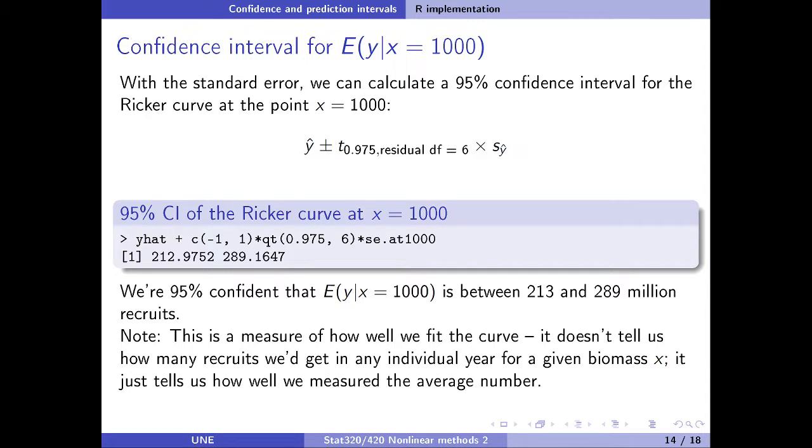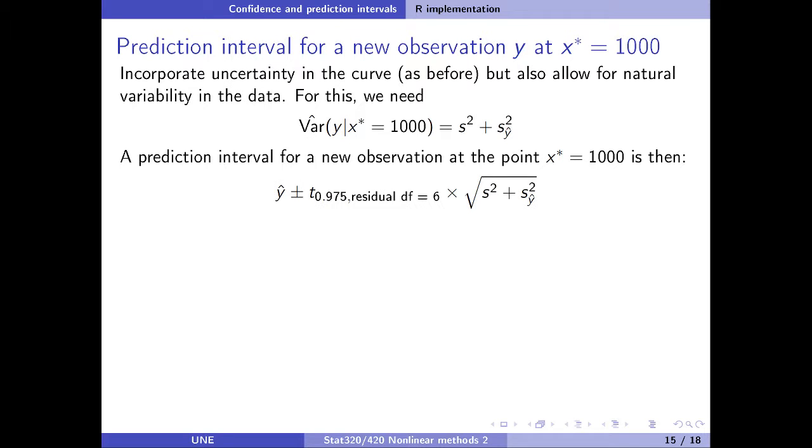So if we want to find how many recruits we get in an individual year, say suppose next year we would have some given biomass, what might we expect? Well, then we need to move on to a prediction interval. A prediction interval for a new observation at x star equals 1000 needs to incorporate the uncertainty in the curve, just like we did for the confidence interval, but it also needs to allow for the natural variability in the data.